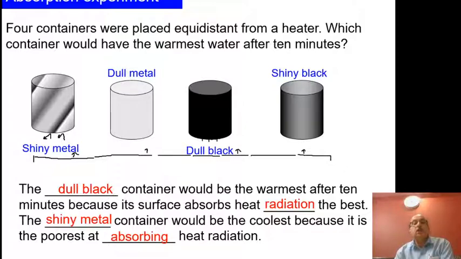On measuring the temperature of these four containers in both experiments, we can say good absorbers are good emitters, or vice versa. Bad absorbers are bad emitters. The statement is called Kirchhoff's law.